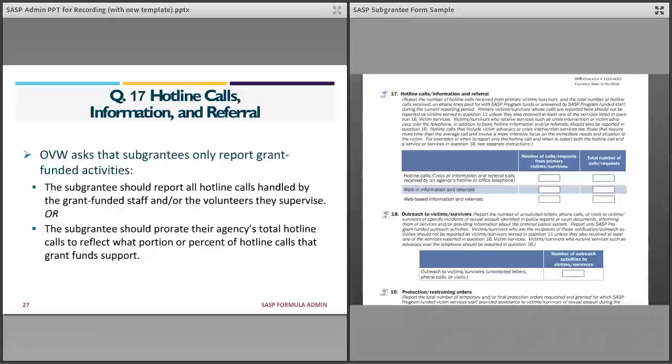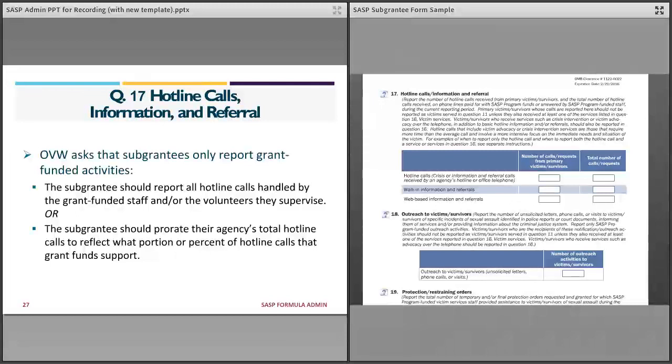Or the subgrantee should prorate their agency's total hotline calls to reflect what portion or percentage of hotline calls were supported by grant funds. This is not a place where we typically see appropriate agency-wide totals. If you see extremely large numbers here, please check with your subgrantee to see that they are adhering to OVW's request that this only be reported of grant-funded activities.